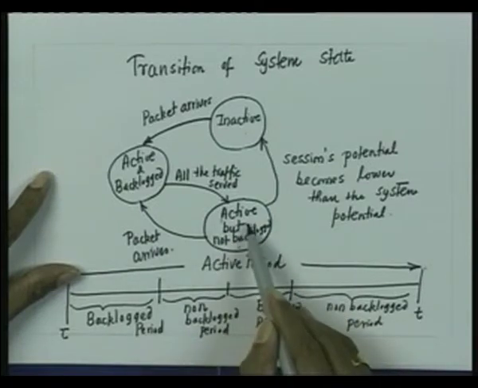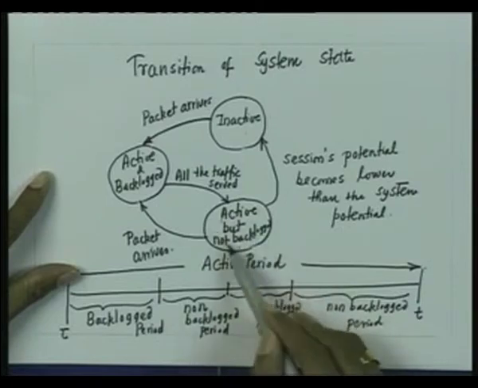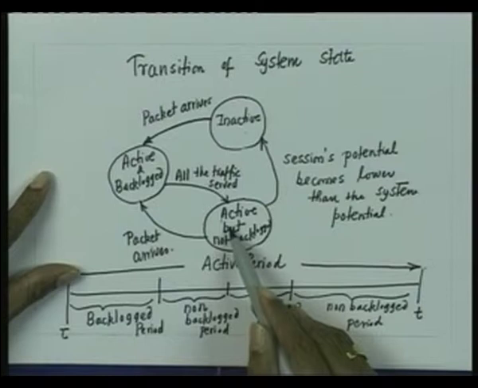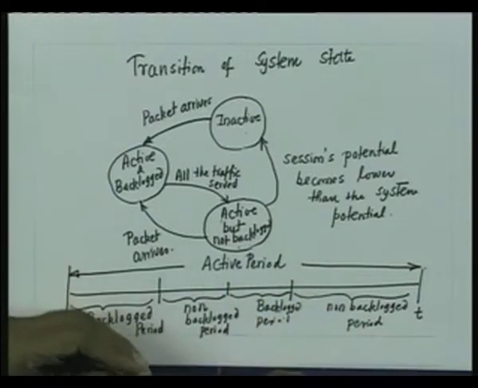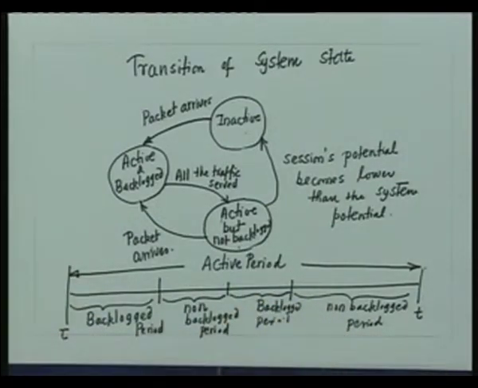Now if the session continues to be in this active but not backlogged state, then the session's potential will remain constant because the session is not receiving any service. On the other hand, the system potential will keep on increasing. As a result, a time may come when the session's potential may become lower than the system potential.